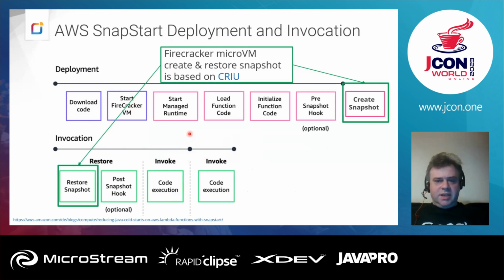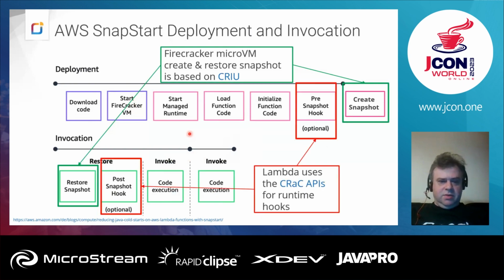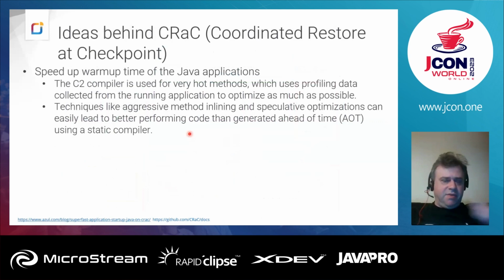And now we will see what's additionally there, and these are optional snapshots. These snapshots are based more or less on the CRaC API. They are optional, and everybody knows what CRaC is, hopefully, more or less the same as Criu, but for JVM. But once again, Lambda only uses these CRaC APIs.